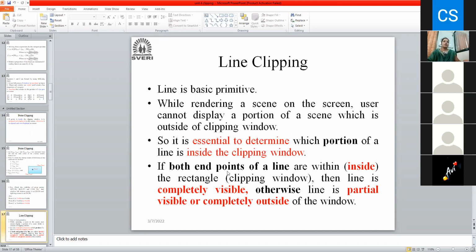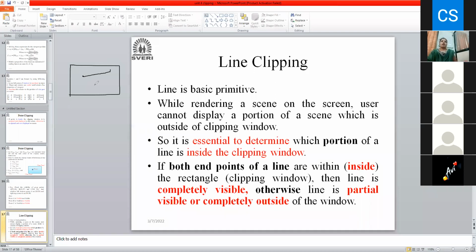So we will now see the types of the lines. For line clipping, three types of lines are considered. First is if both endpoints are within the rectangle. So we know a line has two endpoints. If both the endpoints are lying inside the window, what is the meaning of it? If both the endpoints are inside, that means the whole line is inside the window.